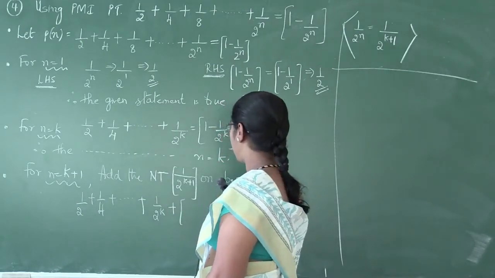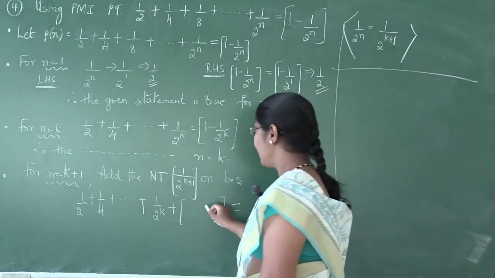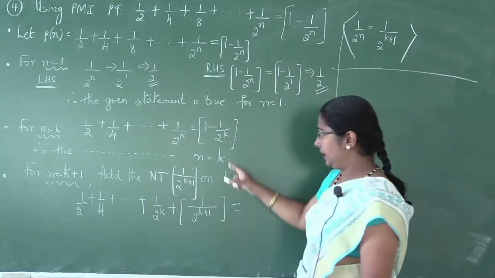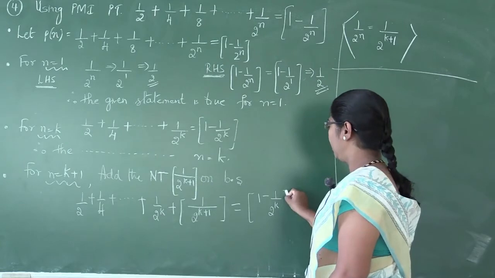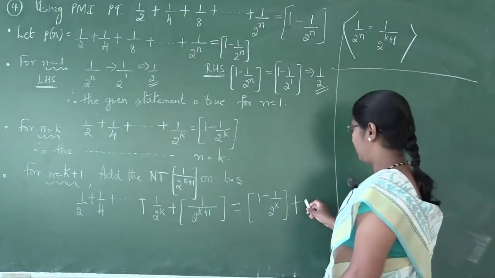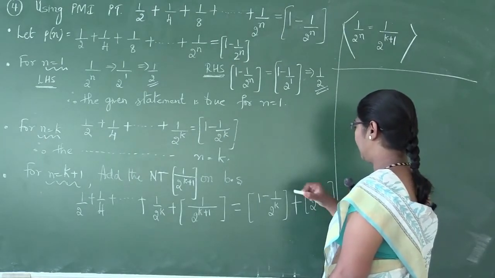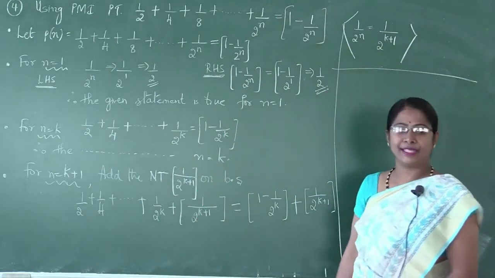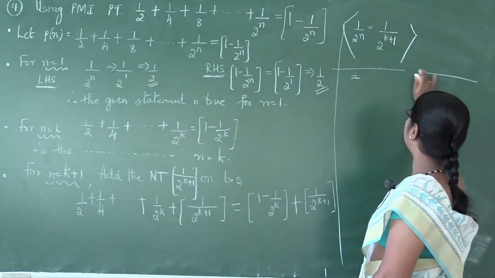The next term to be added now is 1 upon 2^(k+1), equal to 1 - 1 divided by 2^k. Again you are adding the next term on RHS as well. So what is the next term here? 1 divided by 2^(k+1). Clear everybody? Now we shall simplify the RHS part. Observe here carefully the RHS part.